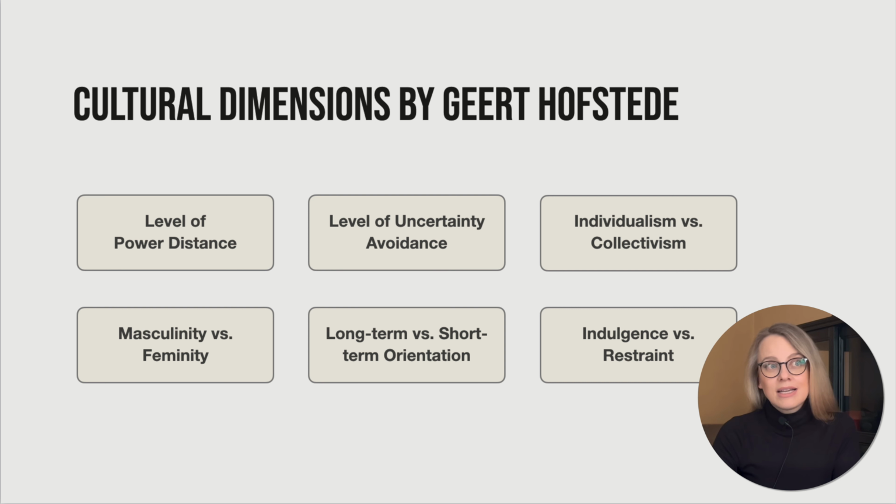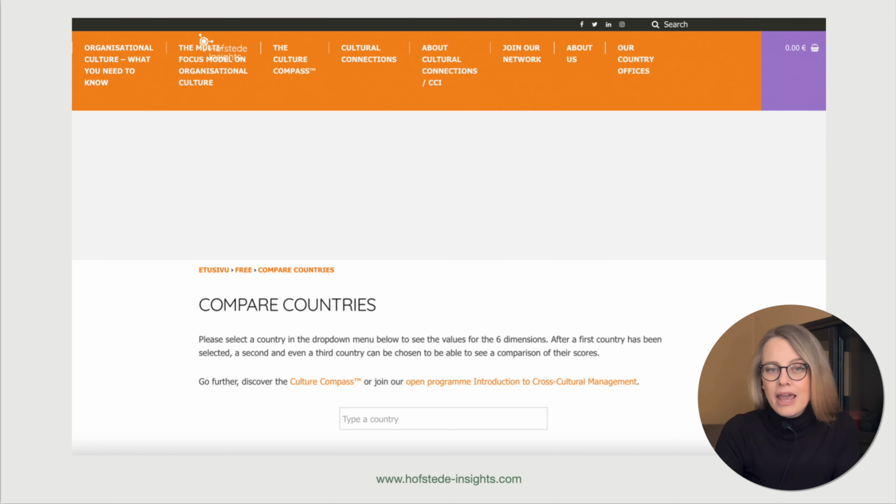And this model is definitely not flawless, not perfect. So again, be mindful with the information you'll get here, okay? But it's definitely helpful to get a first idea of how certain cultures differ from each other. And to use this model, you can simply go to hofstedeinsights.com and go to compare countries, enter 2 or more countries and see how they differ from each other.